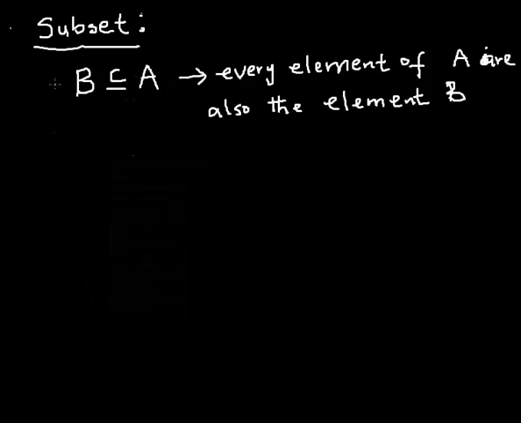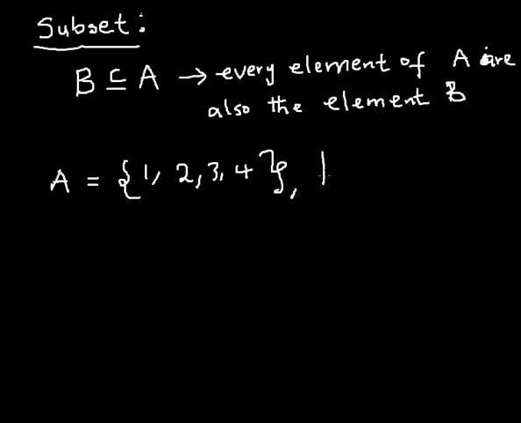For example, if I have A equal to 1, 2, 3, 4, and I'm having B equal to the same 1, 2, 3, 4.